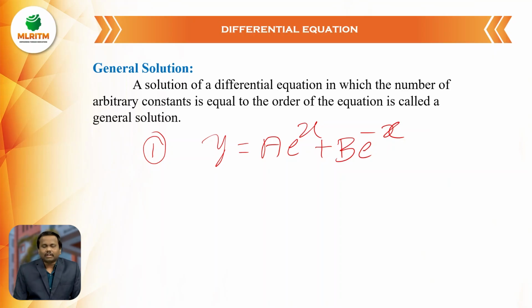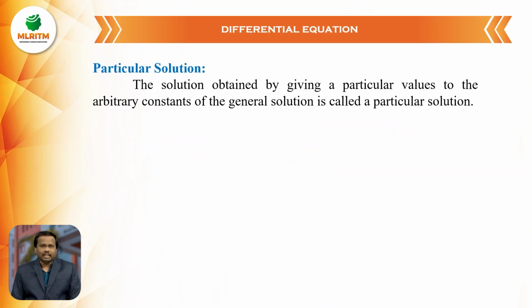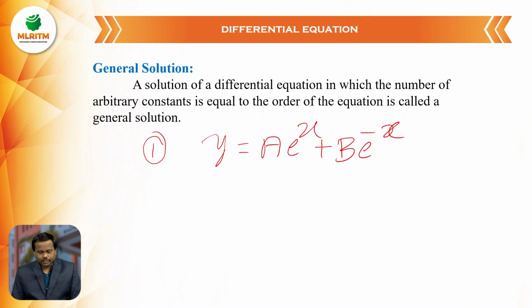So this is nothing but a general solution. Whereas the other kind of solution is the particular solution. How to get a particular solution? Just substitute particular values for the arbitrary constants.